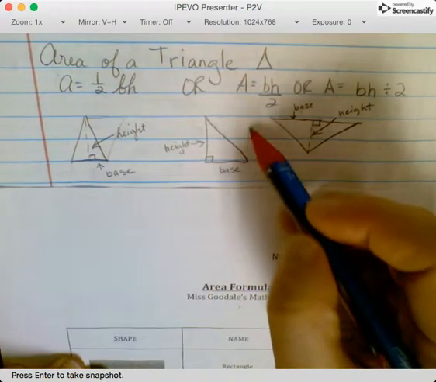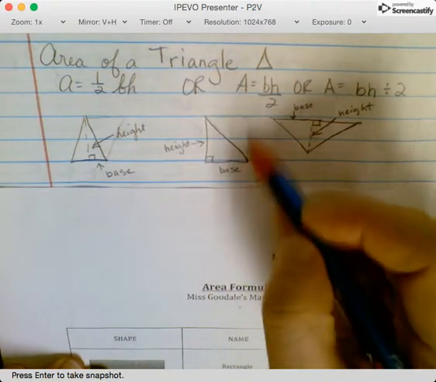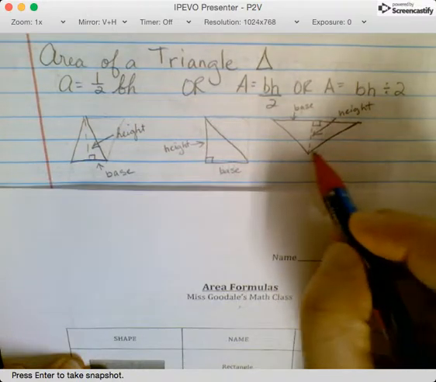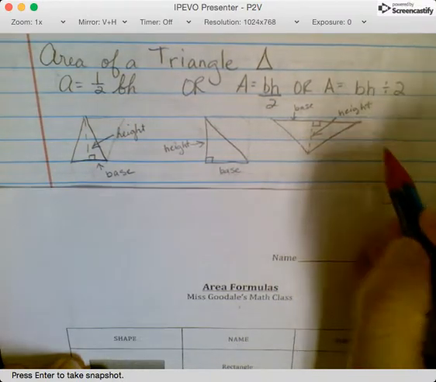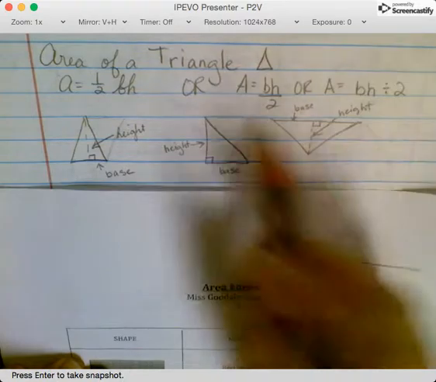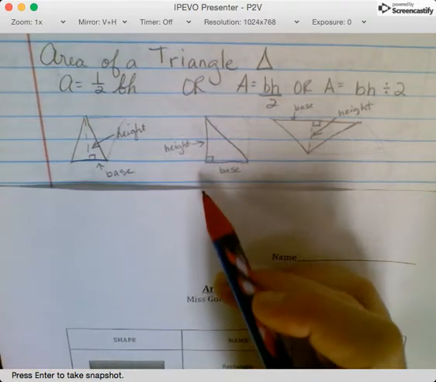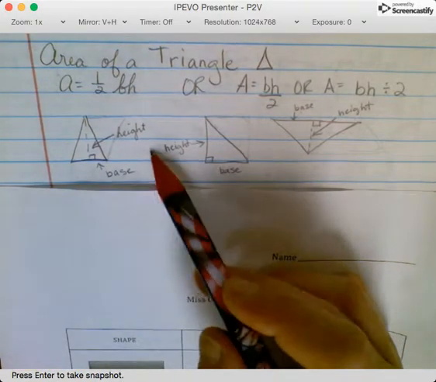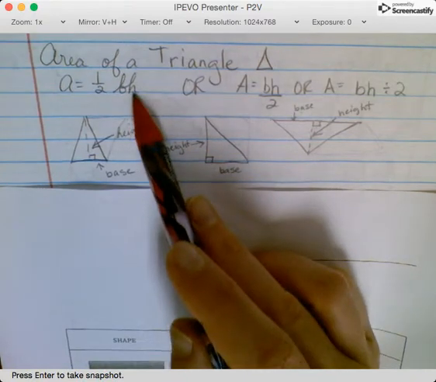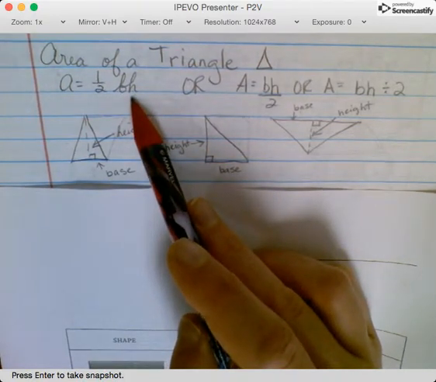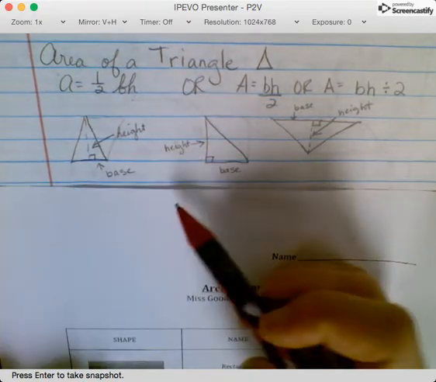If I made another one that exact same size over here, it would make another parallelogram. If I made another one the same size over here, it would make another parallelogram. So the reason that we divide it by 2 is because it's actually half of a parallelogram. So we use the base times height formula, and we divide it by 2.